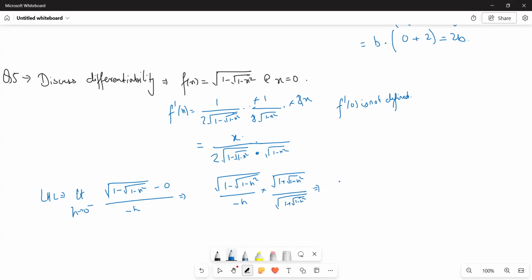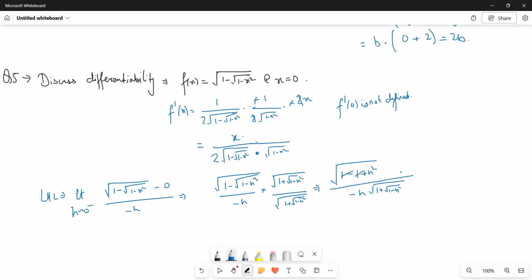So this will end up becoming root के अंदर 1 minus 1 plus h square divided by minus h into root over of 1 plus root over of 1 minus h square.